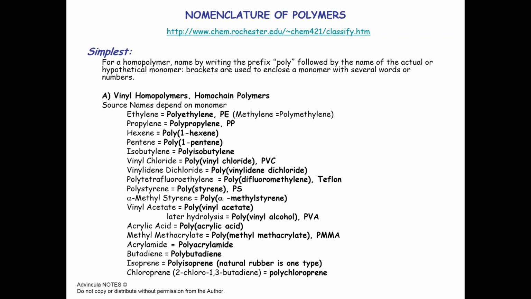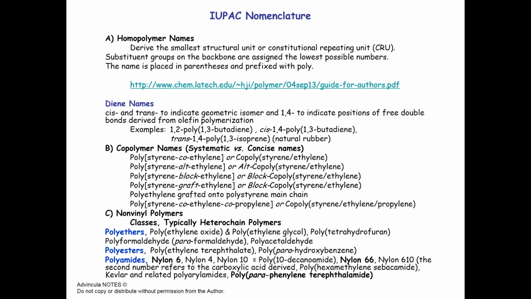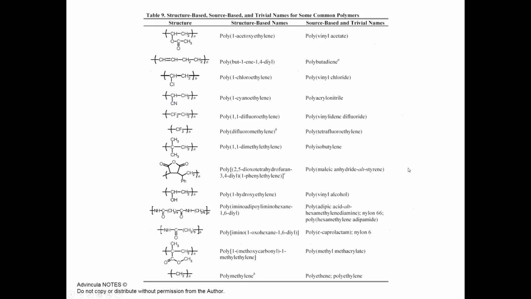It's based on IUPAC rules, and that means you need to name the monomer using IUPAC rules and add the word poly. And this systematic nomenclature is good because it allows you to remove any ambiguity on the monomer structure and define some of its polymerizability.